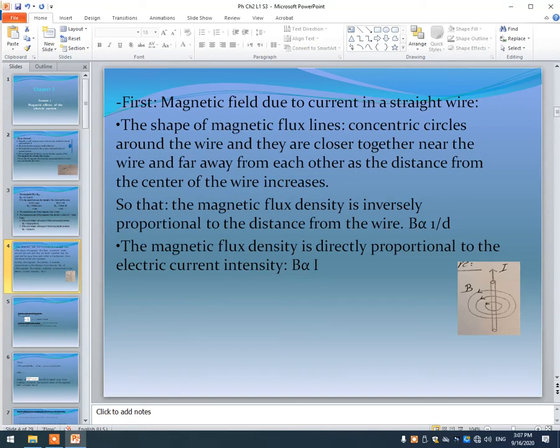As we go away from the wire, of course, the effect of B will decrease. And the magnetic flux density is directly proportional to the electric current intensity I passing through this wire.